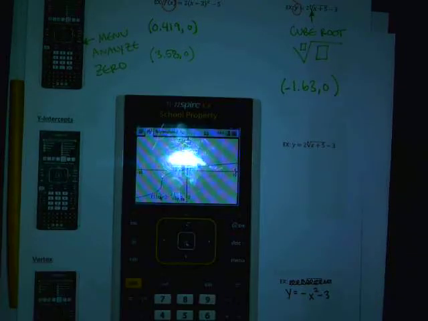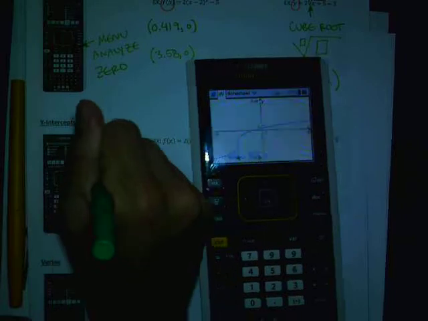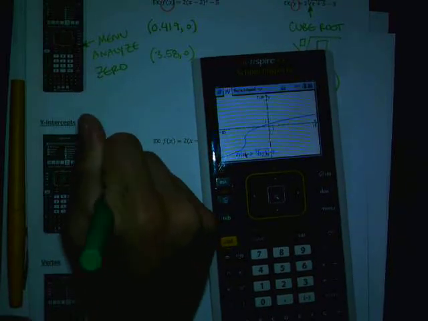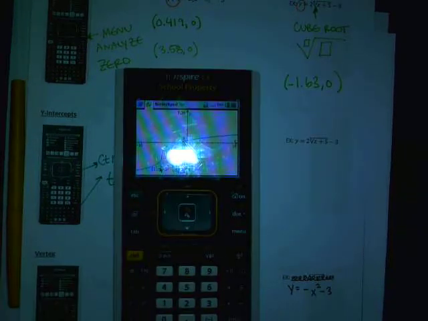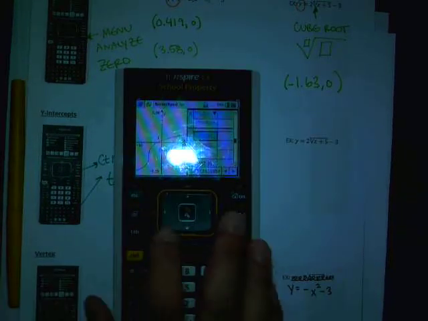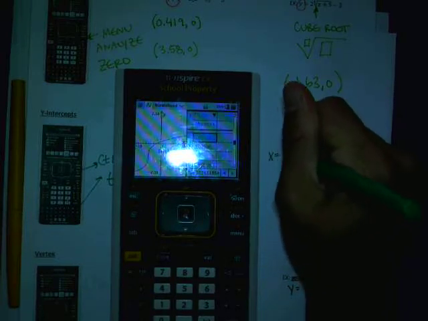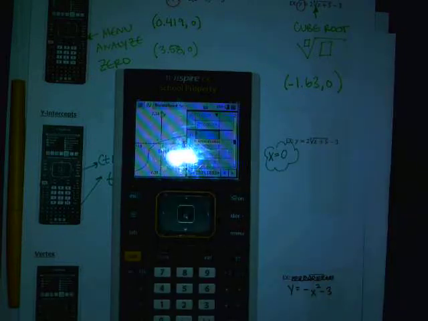All right, next are the y-intercepts. Y-intercepts, you are going to control T. Control T will bring up the table. So Control T will bring up my table, and I want to know the point when x is 0. Because remember, when x is 0, that's your y-intercept.